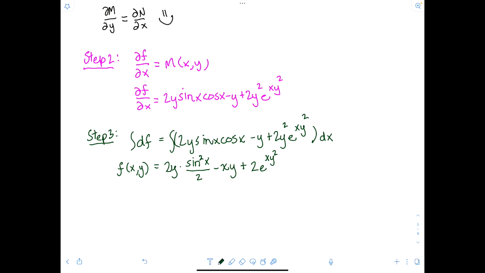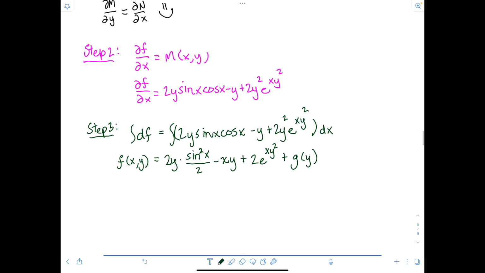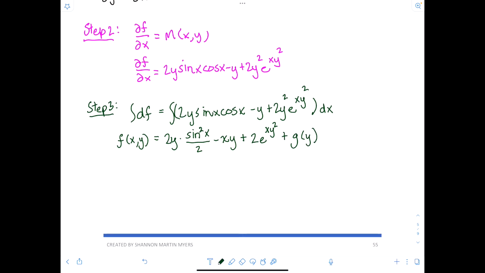And we've got to remember to add our constant of integration in terms of y this time. So f of x and y will simplify to be y times sine squared at x minus xy plus 2e to the xy squared plus g at y. Whoops.